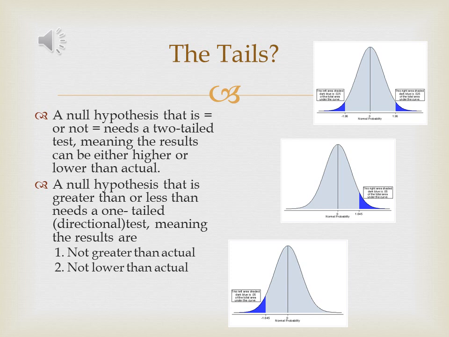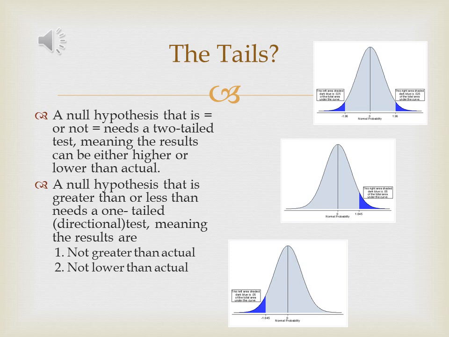And I can do that because all these different sample measures, if I took a whole bunch of different samples, the measures would all eventually fall under a normal curve, and they would migrate or tend towards the true value of the population. So the tails then are the outside edges of this normal curve.